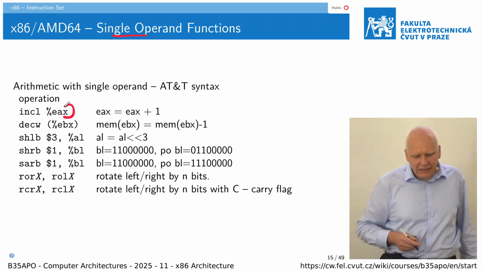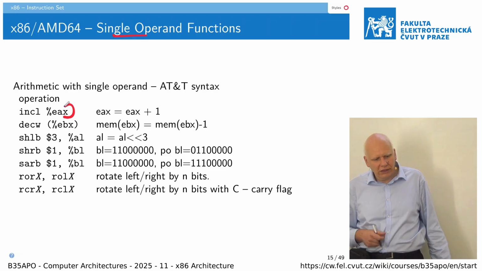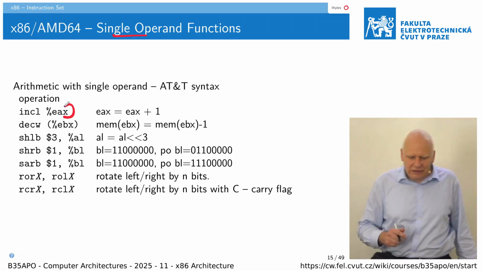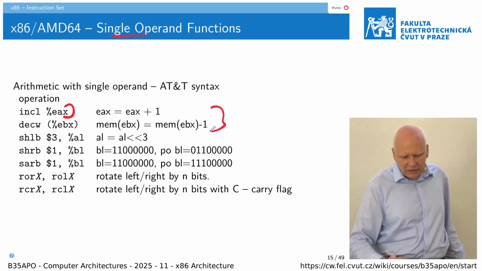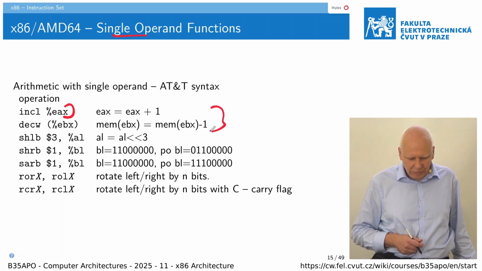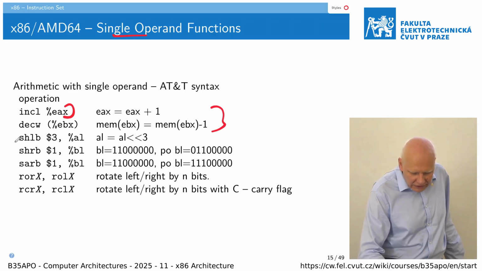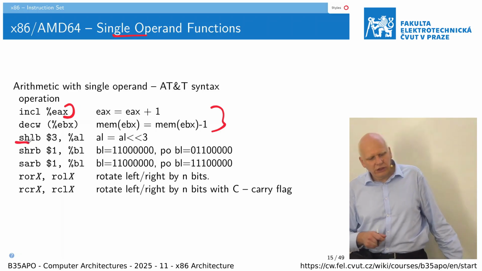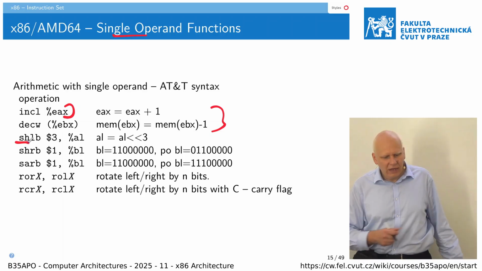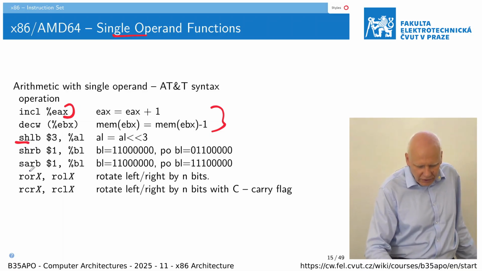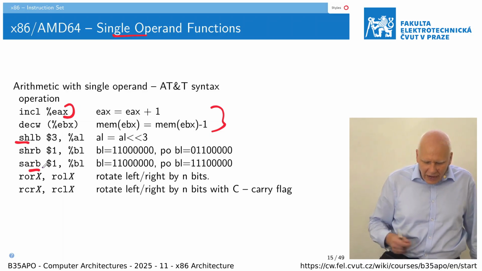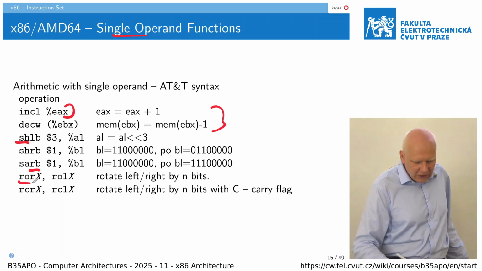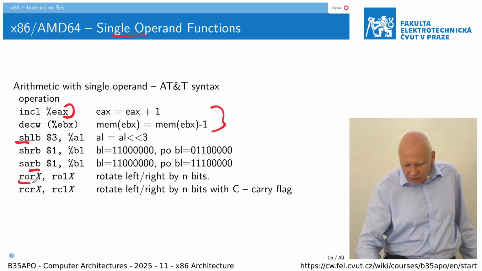For example, there is a specific operation to increment and decrement. But in the 64-bit variant, in fact, those have been used for some special prefixes. Then there is the classical logical shift right, left, arithmetic shift right, and then there are even operations to rotate the bits through the register.